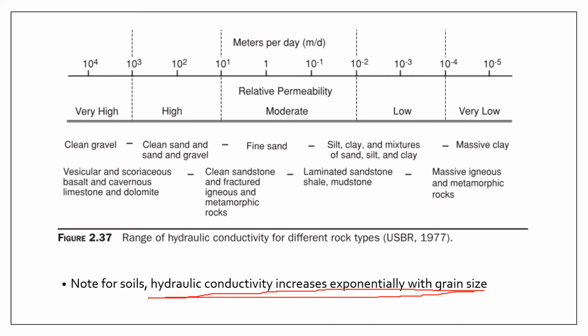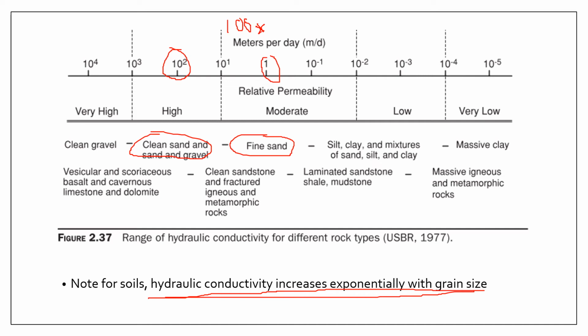You can see here that from fine sand to clean sand, you can get a jump of around 1 to 100 meters per day. That's a 100 times change within basically the same grain size family.